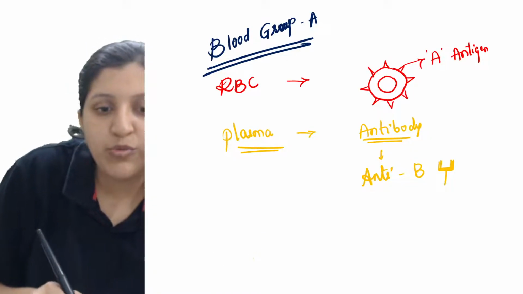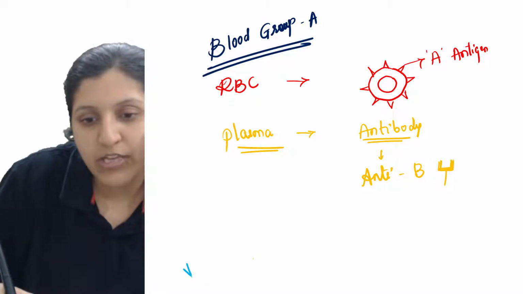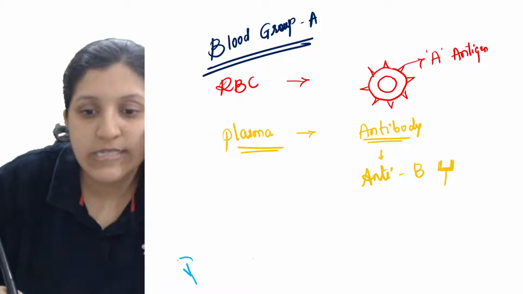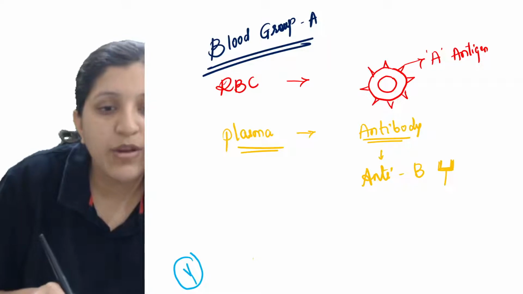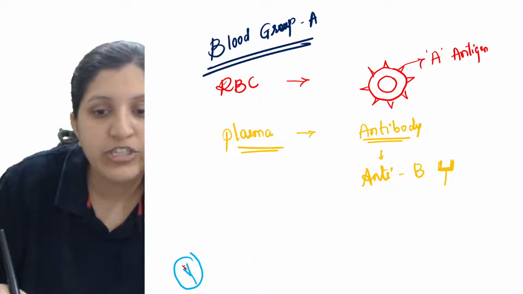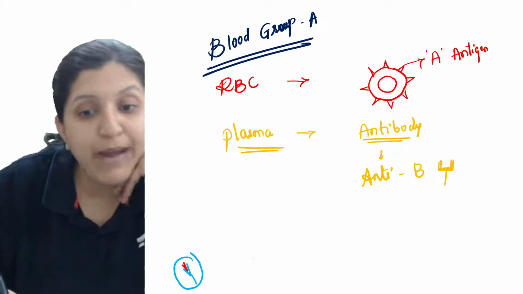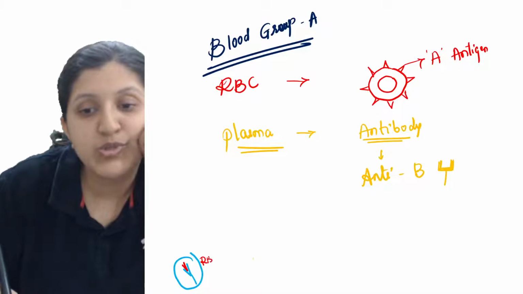Now if I have to show you the structure of antibody A, let's imagine this is the structure of antibody A. You can see there is going to be a perfect binding, so the antigen and the antibody can bind perfectly, which leads to RBC destruction.